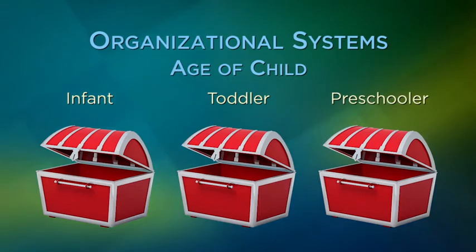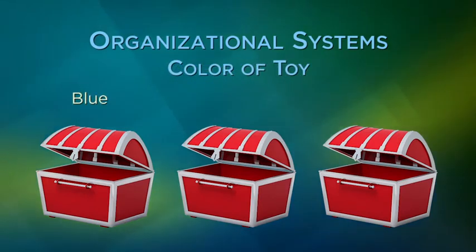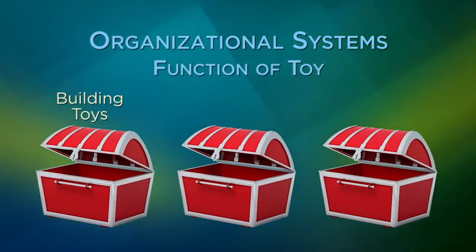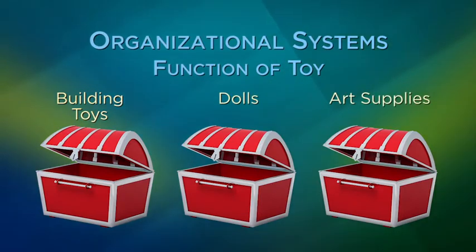Or you could organize by color, one box for blue toys, another for red toys, and a third for black toys. Or you could organize by function, with a box for building toys, another for dolls, and a third for art supplies. Your organization method, age of the child, color, or function, that's the variable. The labels on the toy boxes, those are your values.